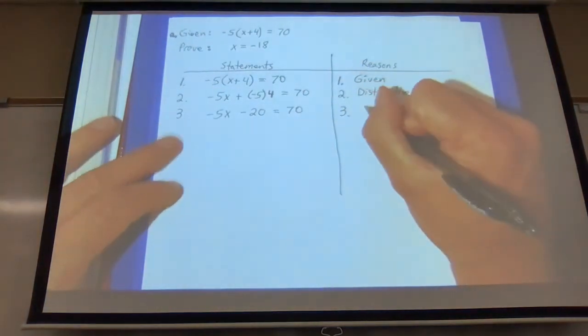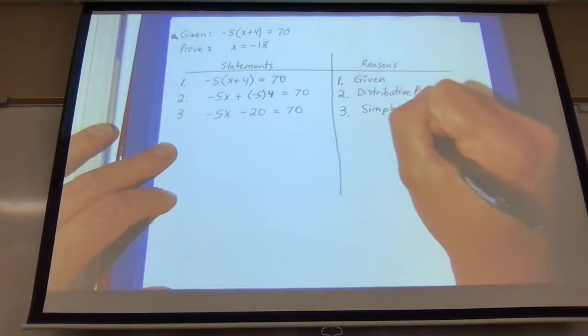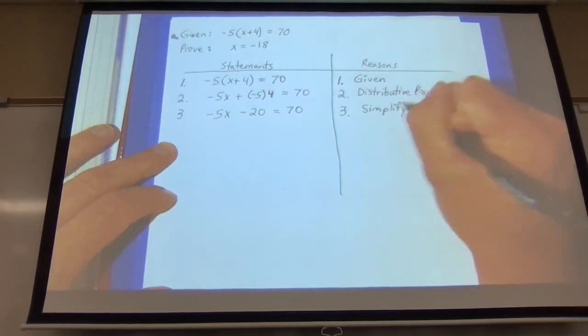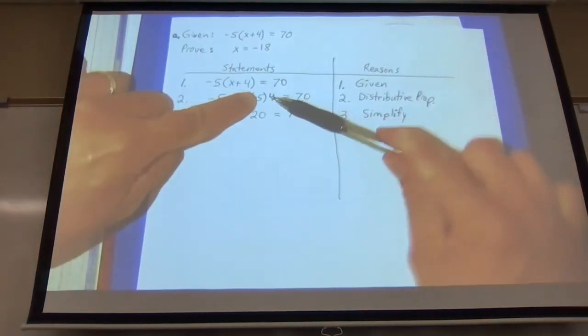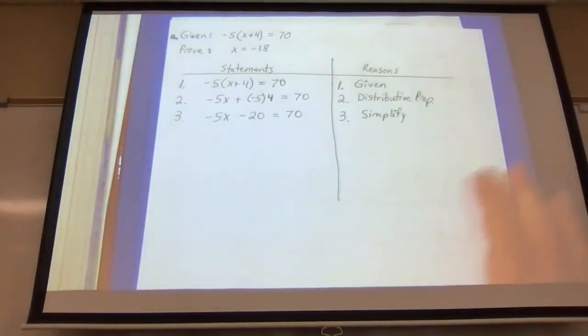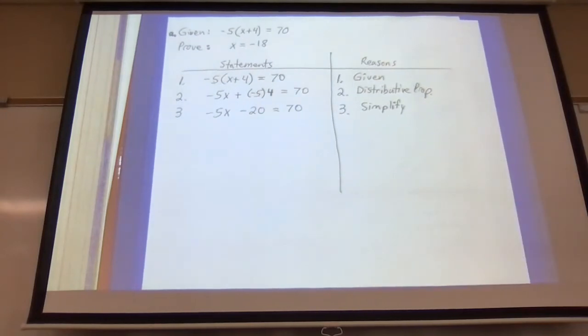And when they put this step in there, Alex or the book, whichever one does it, we'll call it simplify. All we did is we just took this -5 times 4 in the first problem and multiplied them together to get -20.